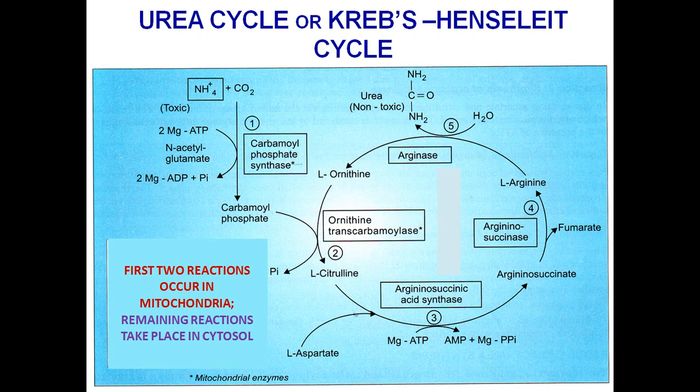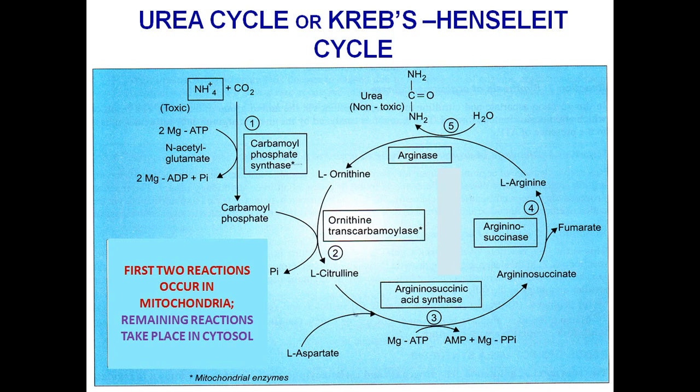The third step is the reaction of citrulline with aspartate by the action of the enzyme argininosuccinic acid synthase. It gets converted to a compound called argininosuccinate. This reaction is the third reaction of the urea cycle and takes place in the cytoplasm, and this is also an energy consuming reaction.